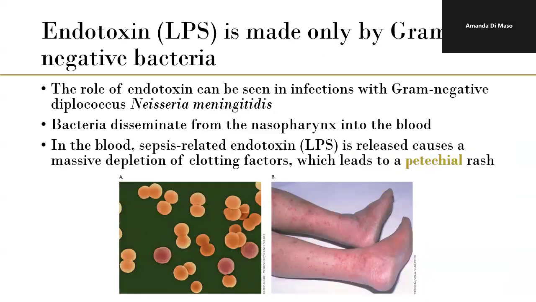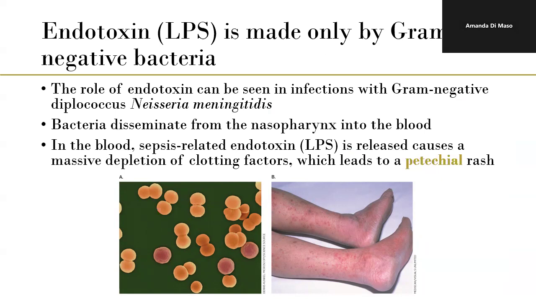Now, LPS, we're going to go back to it for just a minute. It is only in gram negatives, because remember, only gram negatives have that outer membrane, and in that outer membrane is LPS. A big example of one that we see commonly in hospitals is shock because of Neisseria meningitidis.